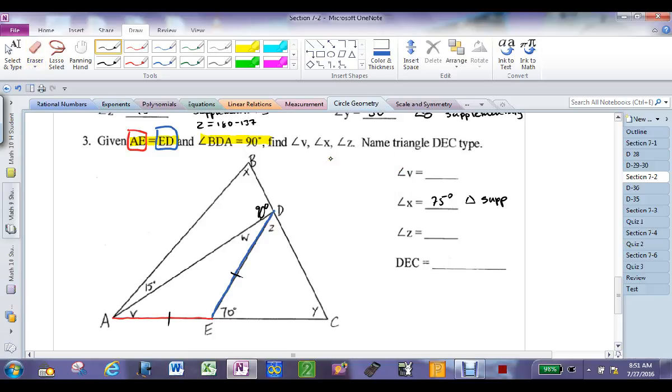Right? I gotta find V. I know that these two are the same, so I know V and W are the same, don't I? Everyone agree? What shape did I just make? Not a right angle triangle, just a regular triangle, an isosceles triangle, yeah?